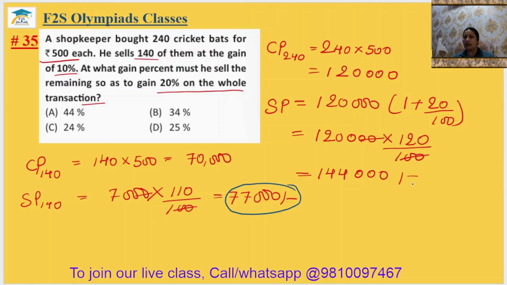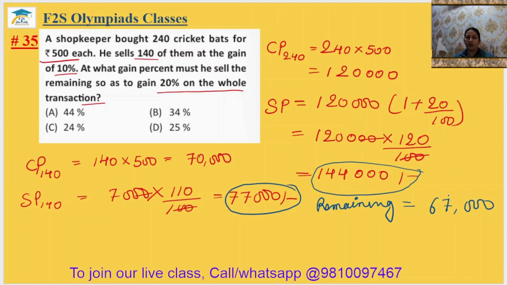But he needs to earn 144,000 rupees. So the remaining amount he needs to earn will be 144,000 minus 77,000, that is 67,000.